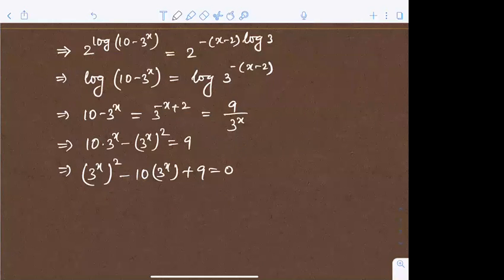So now we can solve it. So 9 into 1, so 3 power x is either 1 or 9. That means x equal to either 0 or 2. So these are the two values of x that will satisfy.